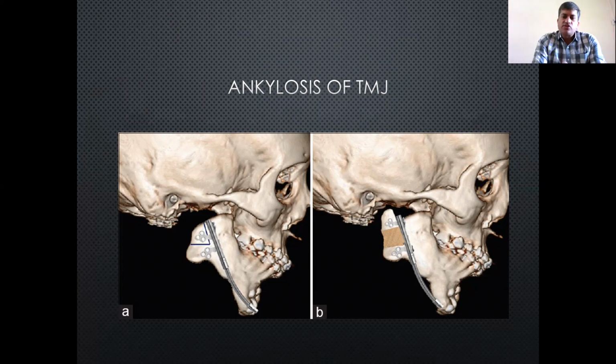Now, while performing this distraction, care must be taken to ensure that the distractor is placed parallel to the posterior border of the mandible so that the direction of distraction will simulate the original ramus of the mandible and will bring about a natural outcome. So that is vertical ramus distraction in a temporomandibular joint ankylosis patient.